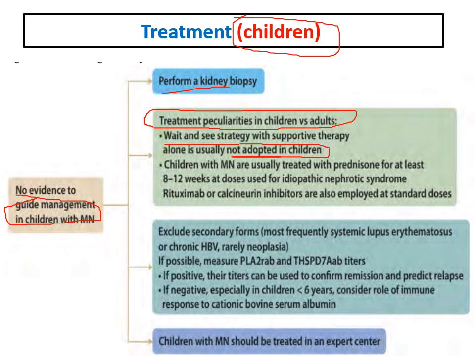Usually, children with membranous are treated with prednisolone for at least 8 to 12 weeks. Rituximab and CNI are usually employed at the standard doses.